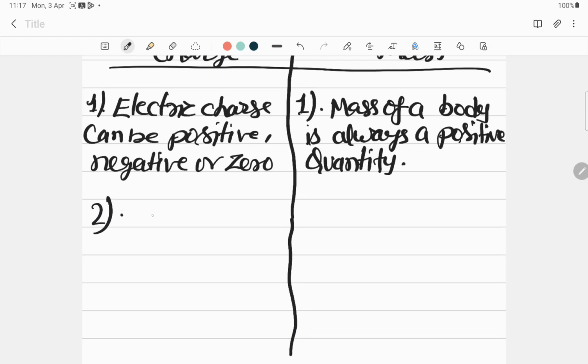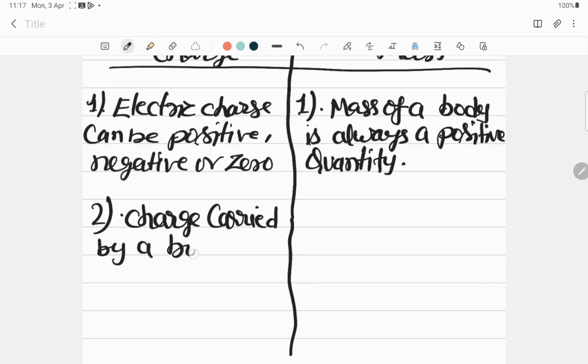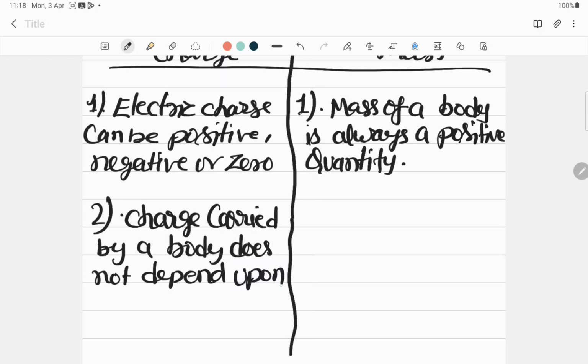Number 2, charge carried by a body does not depend upon the velocity of the body.